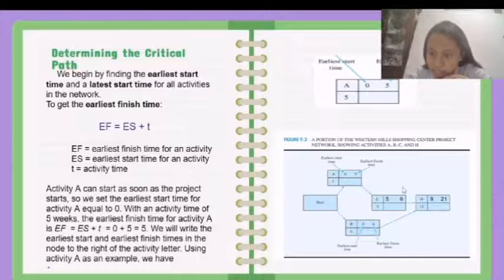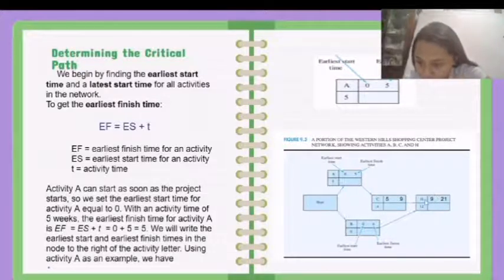To get the earliest start time, we select the largest earliest finish time value. If we compare the earliest finish time of B, 6, and the earliest finish time of C, 9, we select 9 as it is the largest value. Now if we add the earliest start time 9 to the activity time 12, we get the earliest finish time of 21 weeks.